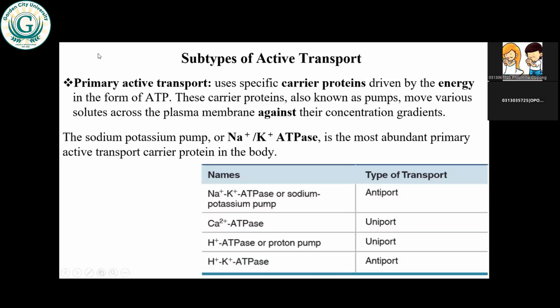We are talking on proton pump, how it works. What we came up with is that a proton pump helps in the active transport of proton ions across a plasma membrane using energy.